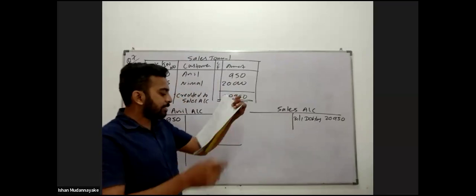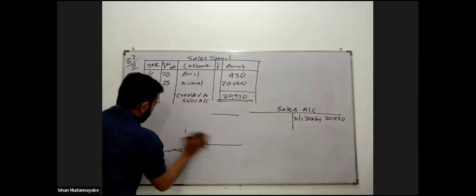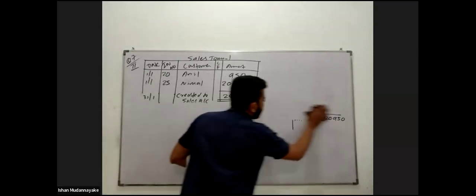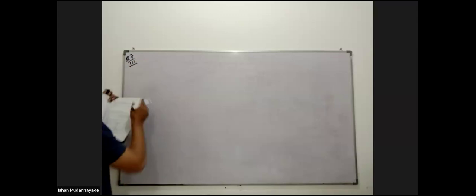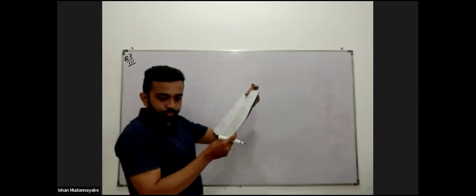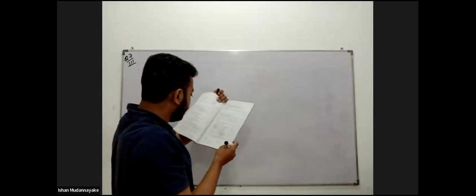Right, now we'll discuss page number 7, Roman number 3, petty cash book. Only the petty cash book.